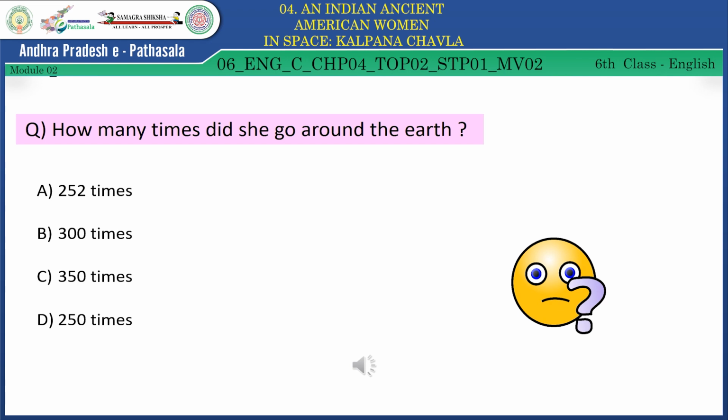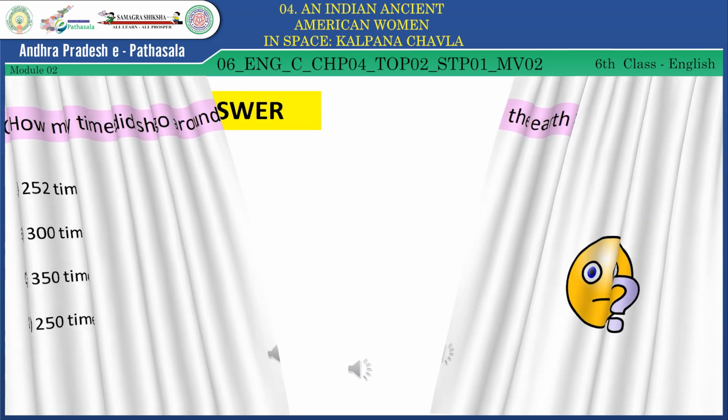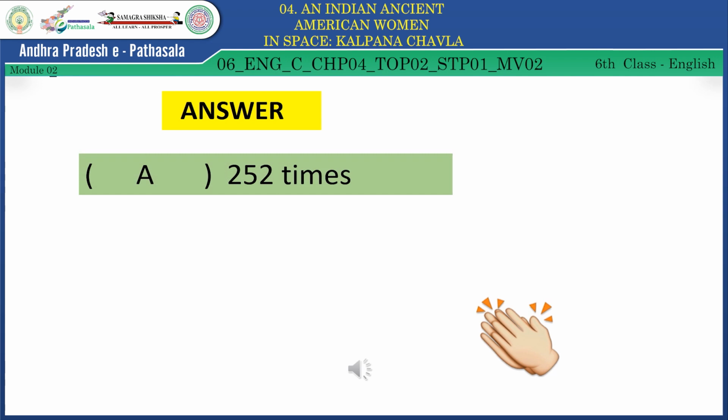Option D, 250 times. Come on children, guess the answer. Excellent. You are right. The correct answer is option A, 252 times.